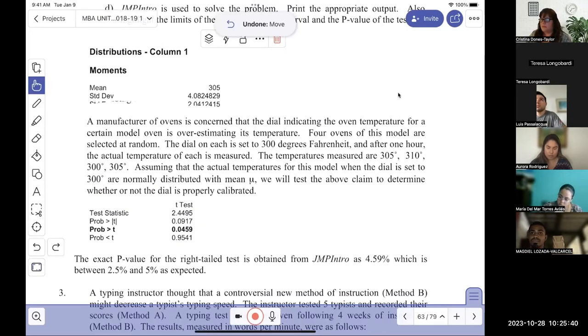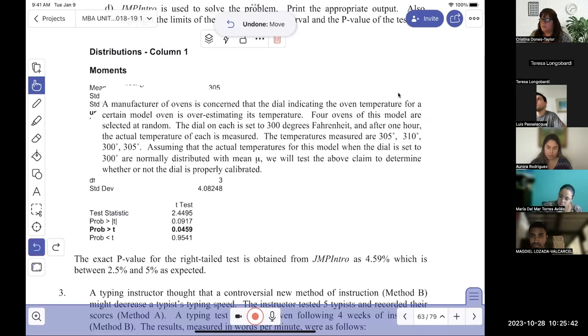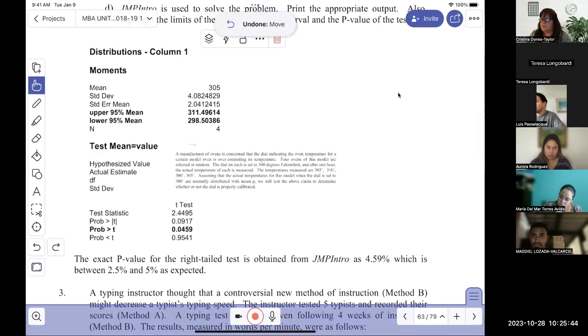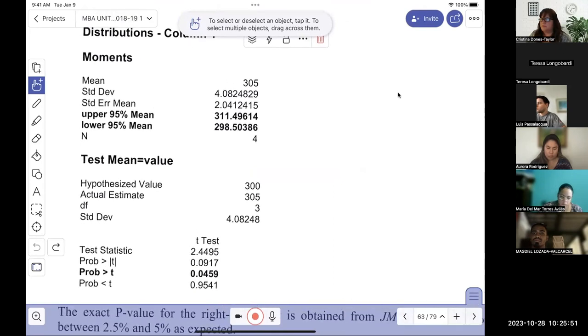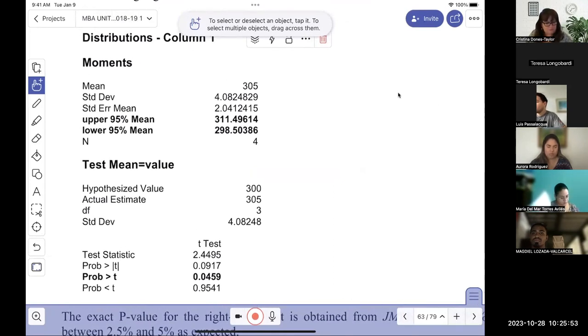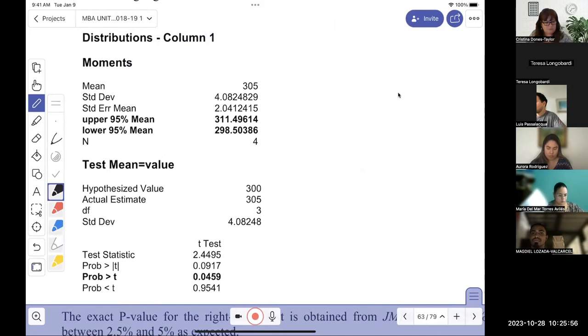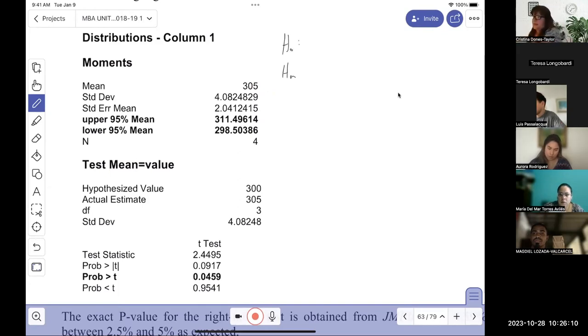I'm going to get rid of this. So what do we have here? This is the output. So what's this? That's mu. Okay, let's write the hypothesis test down to be sure. What are we testing, mu or p?